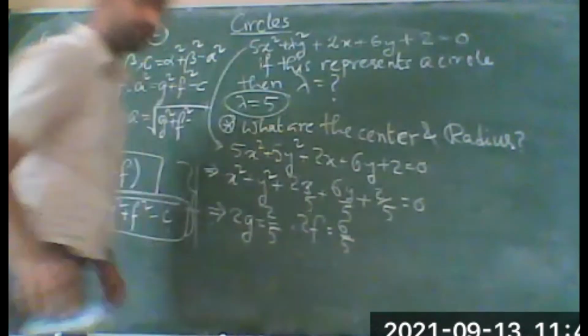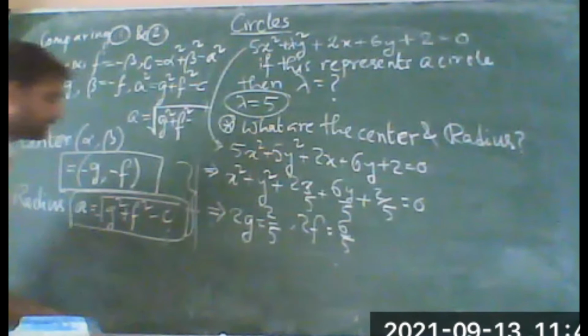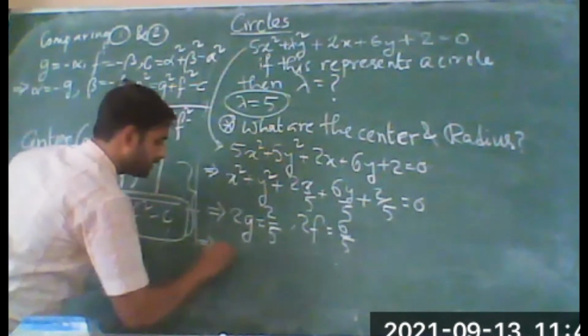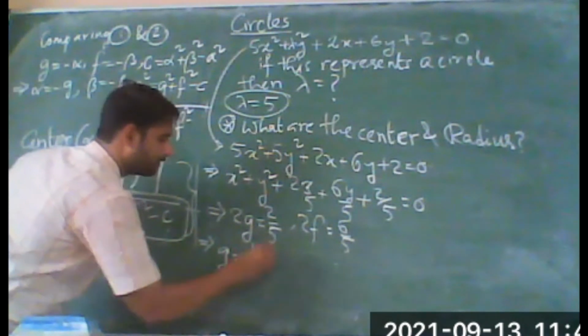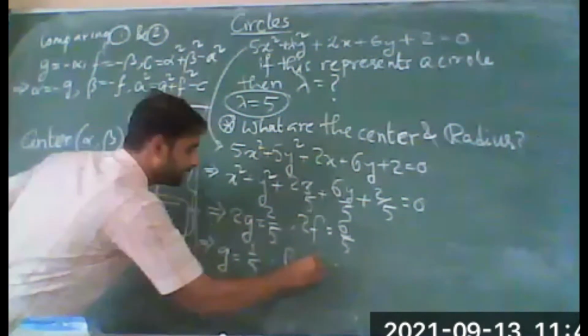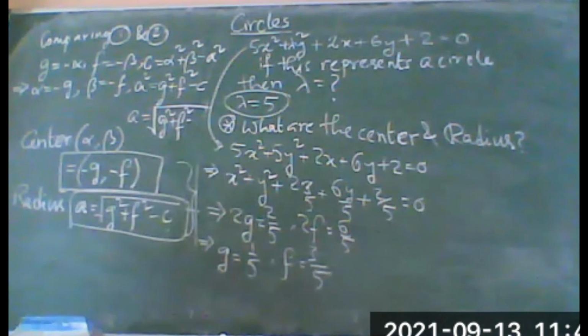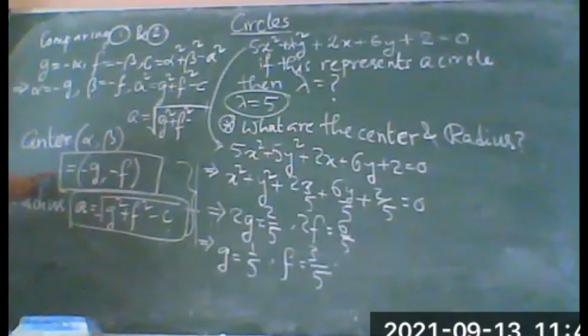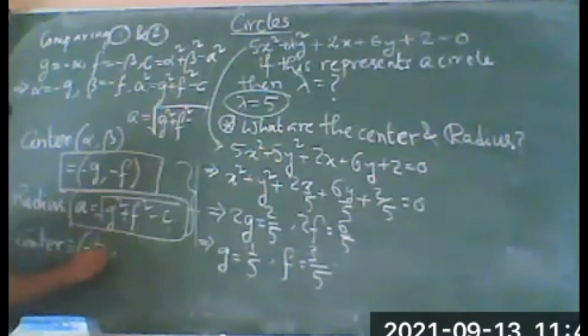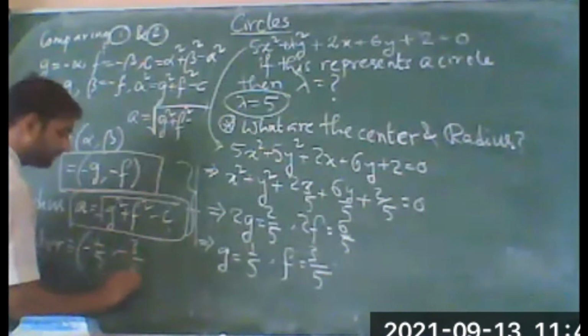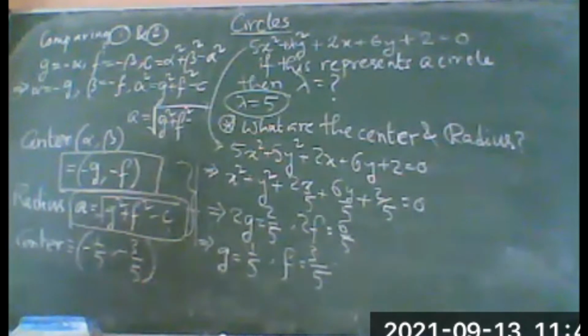Clearly, g is 1 by 5 here and f is 3 by 5 here. So what we can say from this is that the center is minus 1 by 5 and minus 3 by 5. This is clear? Very easy.